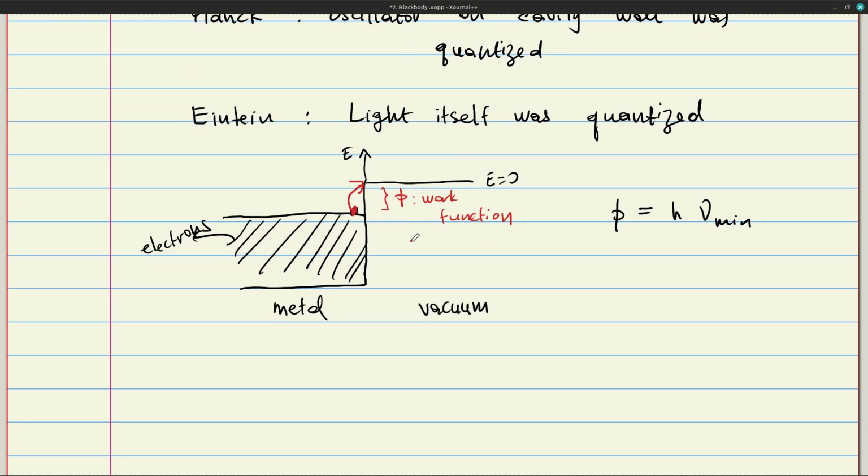And suppose you give more energy than the work function, right? Nobody tells you to give this nu minimum. You can give more frequency than that. Then what is going to happen is the maximum kinetic energy of electrons, which is what you read with this stopping potential, is equal to the frequency you sent, and from this total energy sent you subtract this work function.